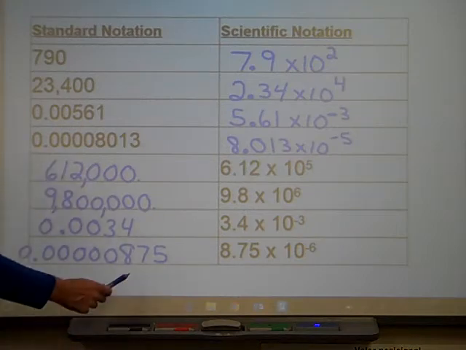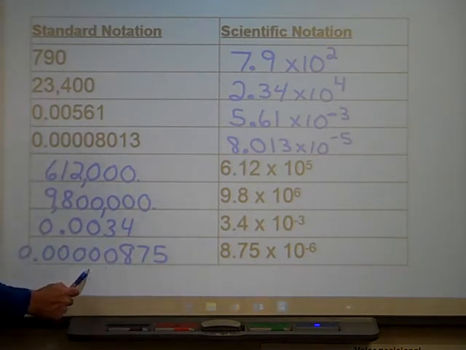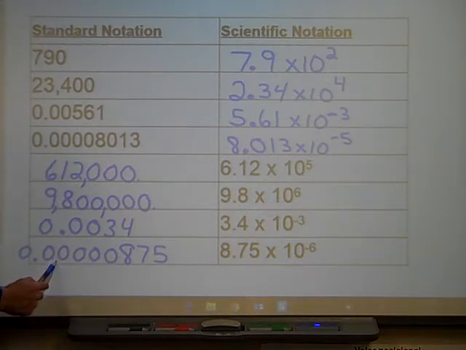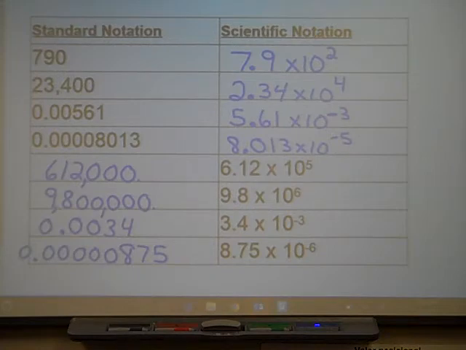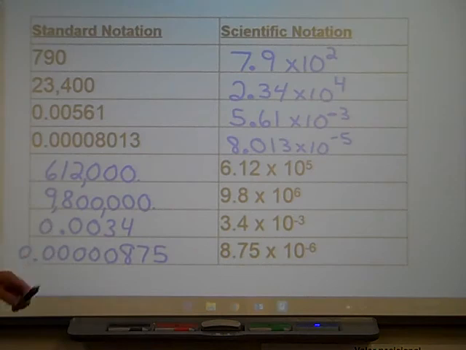And we check, it was here, right, behind the 8. 1, 2, 3, 4, 5, 6 to the left. So that's correct. So that's how we write numbers from standard notation to scientific, or scientific notation to standard notation.